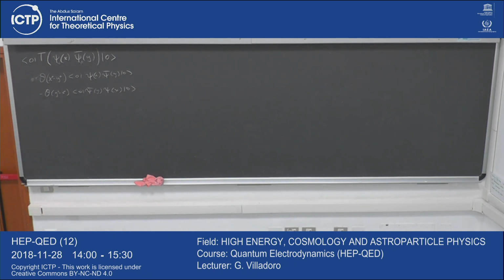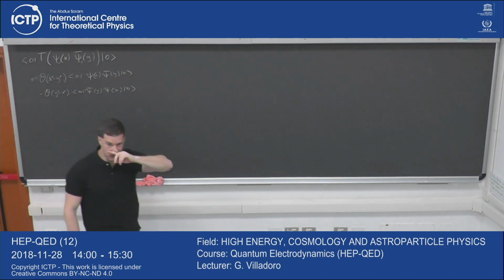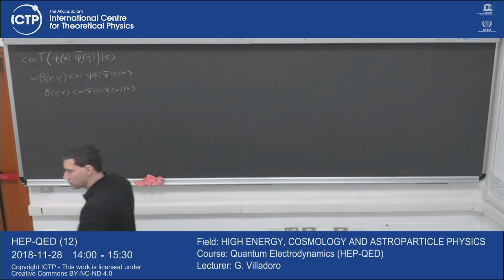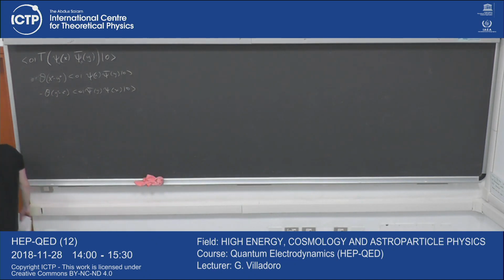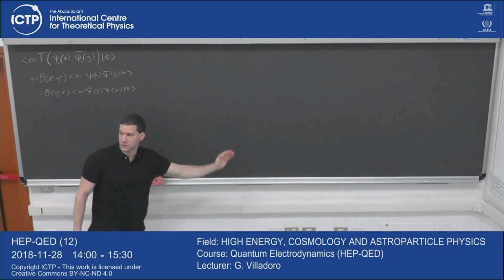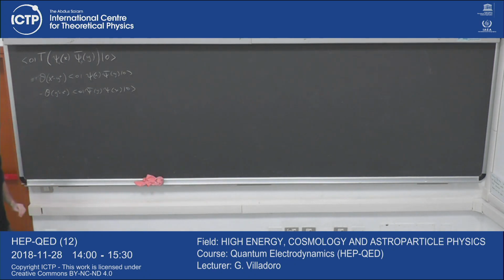And similarly, if you have more fermionic fields, you compute the time ordered product, you just order the operators in such a way that they are ordered in time, times a minus one factor for each permutation of fermionic fields you have to do to go to that particular ordering. Okay? Similarly for the normal ordering.